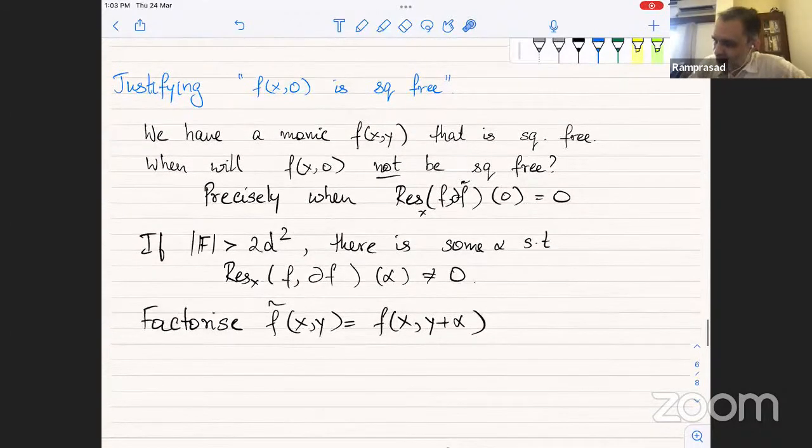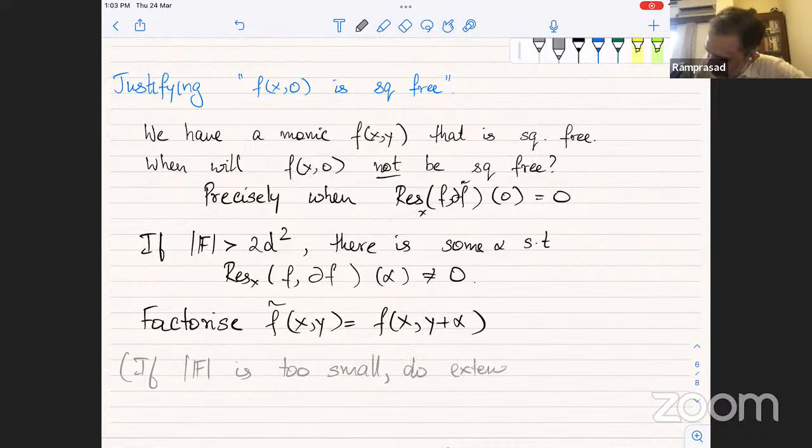This is how you justify that you can assume that f is square free. And the annoying thing is that if the size of the field is too small, I won't get into this, you do some extension jugaad. There are some extra bells and whistles you need to throw in to pretend as if you are working on a slightly larger field.